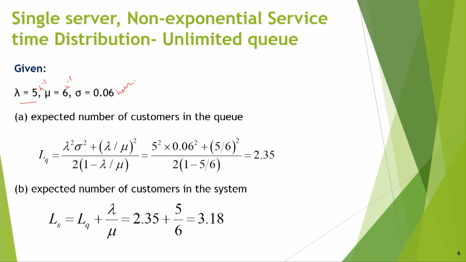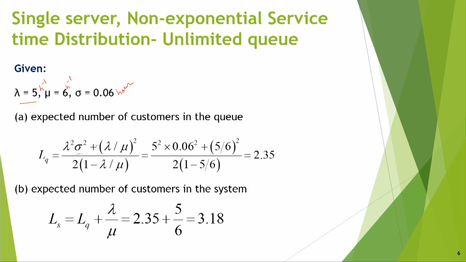So you have to find LQ. The formula is given: LQ is equal to lambda square into sigma square plus lambda by mu whole square, divided by 2 into 1 minus lambda by mu. Lambda is not non-dimensional; lambda is 5 customers per hour, so this is square and this is H square.